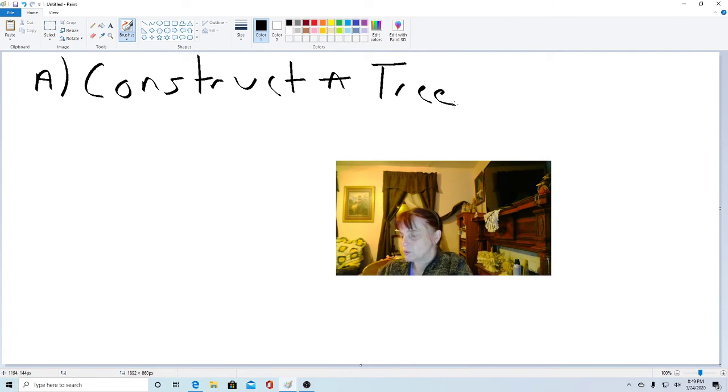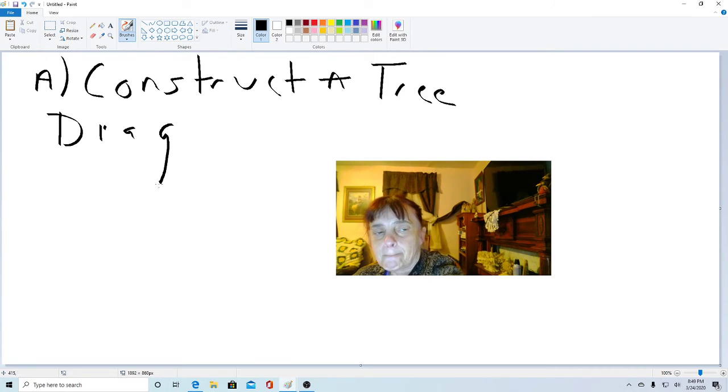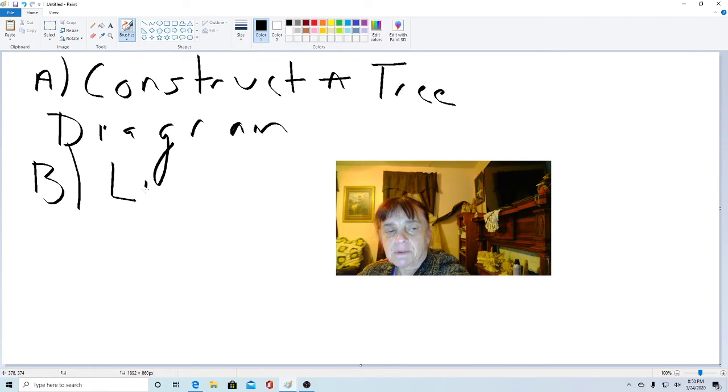Okay, A, construct a tree diagram. And B, list the sample space.